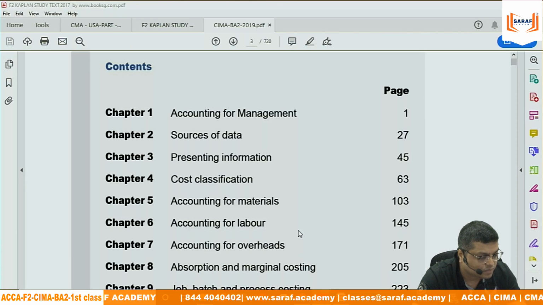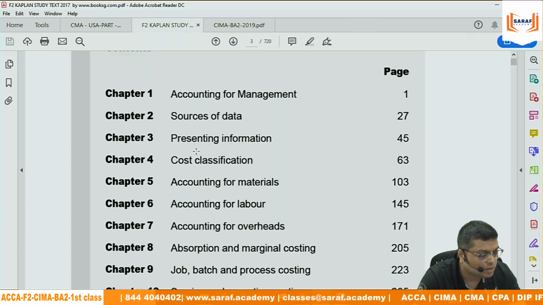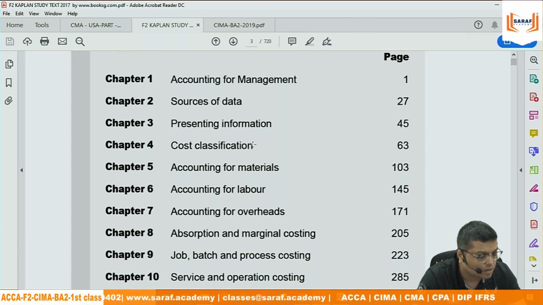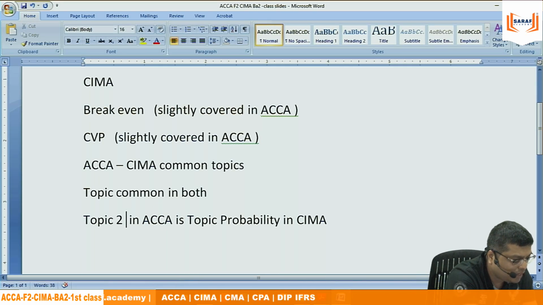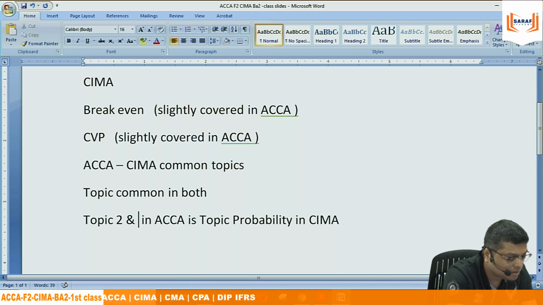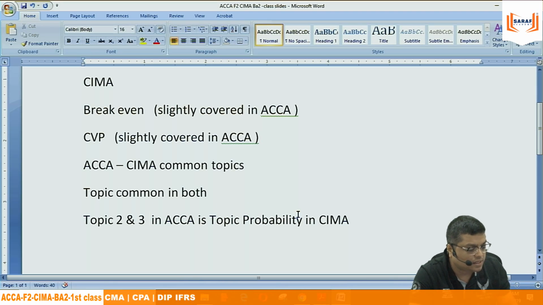Then presentation of information. I will say topic 2 and 3 in ACCA, topic probability in CIMA.